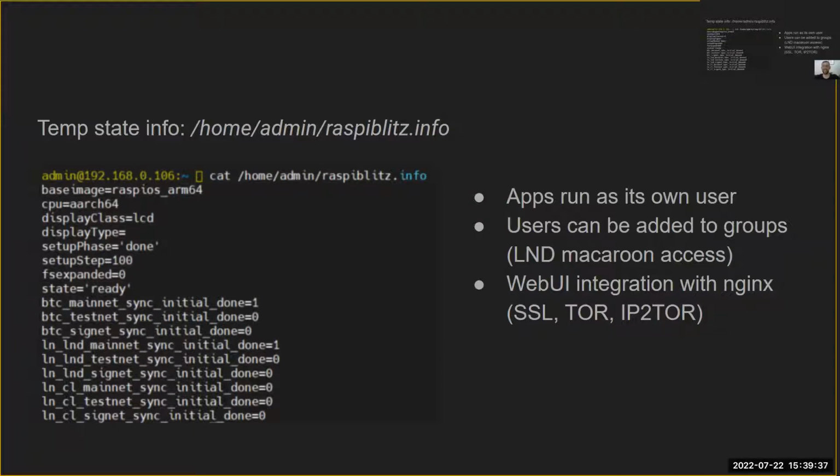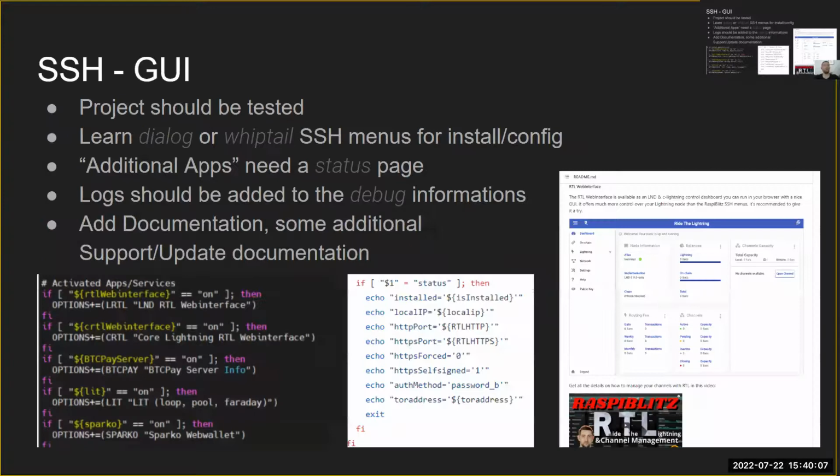I don't know yet how the passwords work on the C Lightning side, but there is probably also a password C for C Lightning. And the web user interface is integrated with Nginx, because it has to work over SSL, Tor, IP2Tor, ClearNet, everything has to just work properly.